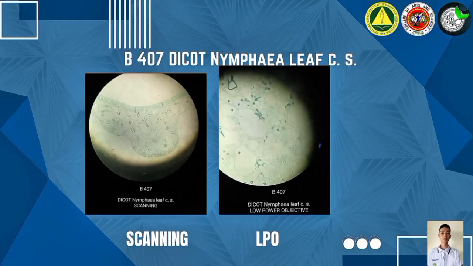Nymphaea leaf. Based on our laboratory image, we can see and identify the structure of the Nymphaea leaf from its upper epidermis, the compact palisade parenchyma beneath it, spongy parenchyma, the visible air sacs, and lower epidermis using the scanning and low objective.